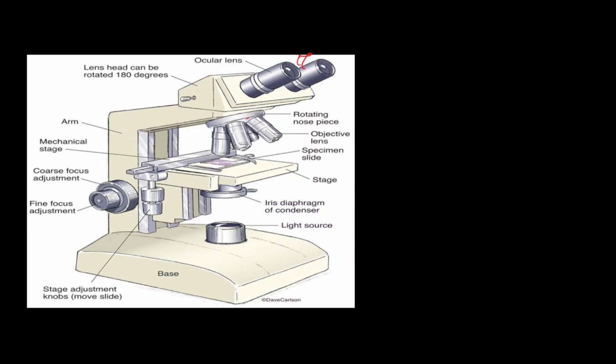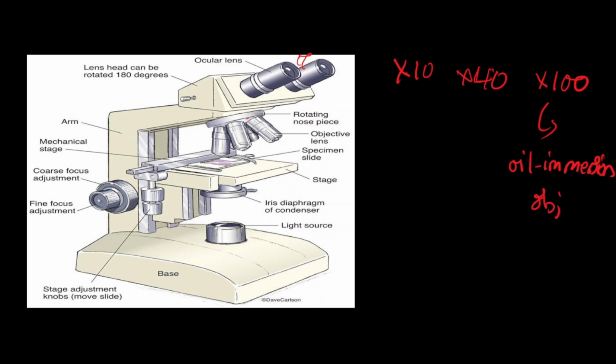We have different objective lenses of times 10, times 40, as well as times 100. The times 100 objective lens is also sometimes referred to as the oil immersion objective, and we will see the reason why this is so in a bit.